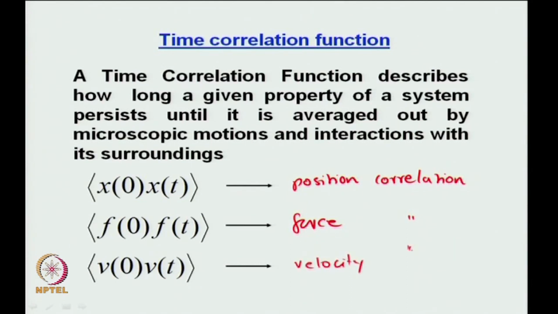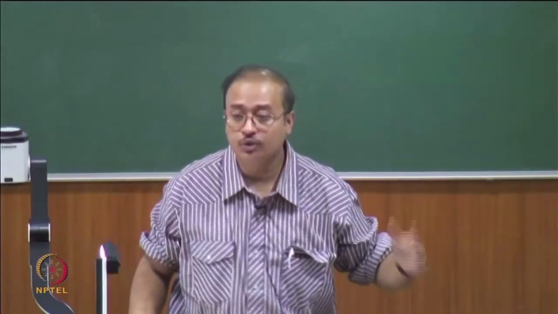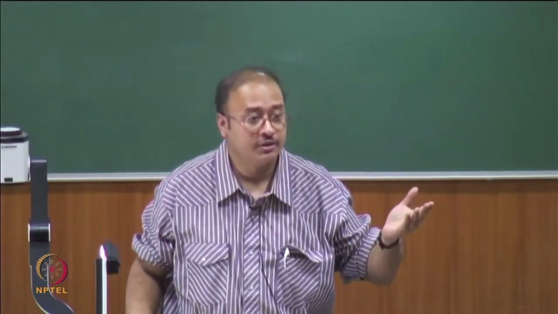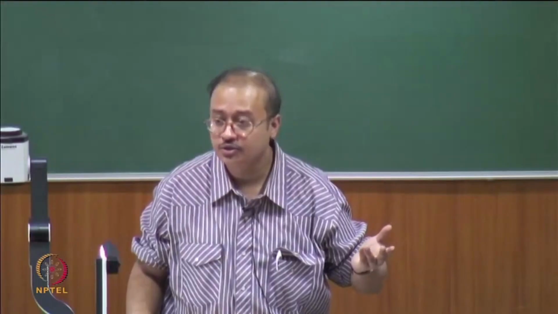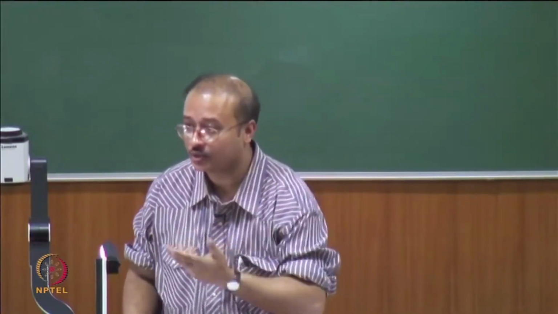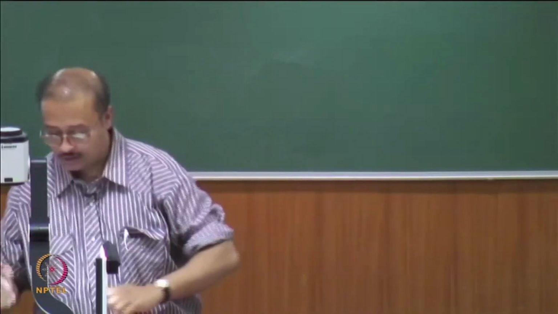Okay. So, this is the one we are now going to look at in some detail. We are talking about the velocity correlation, and we are trying to figure out whether we have an expression which would tell me how long it would take for the memory of the initial velocity to be lost or to decay. That is what we are going to look at. Okay.